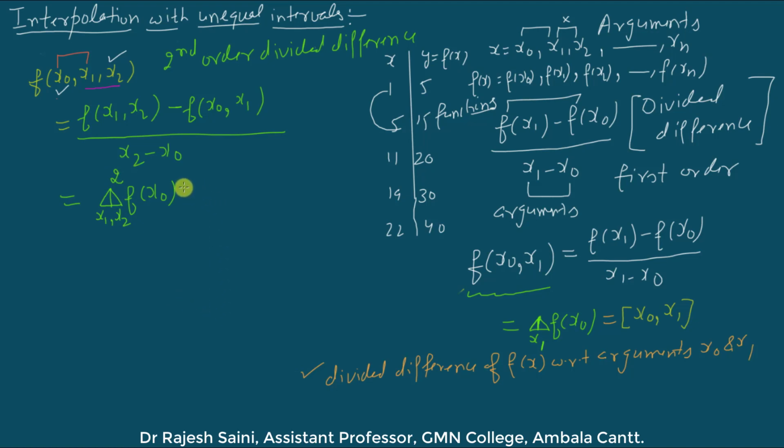Or it can also be written symbolically within square braces, writing the arguments x0 x1 x2.